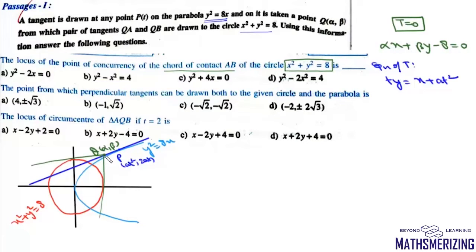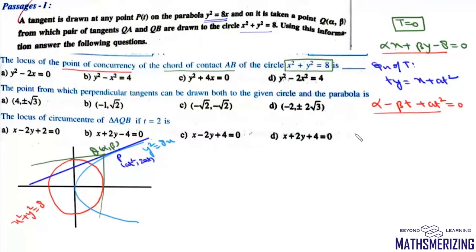Now we know that this point Q lies on this tangent, so we can write this equation as alpha minus beta t plus at² equals 0. Now from these two given conditions, we can find this fixed point, which is the point of concurrency of all the chords.